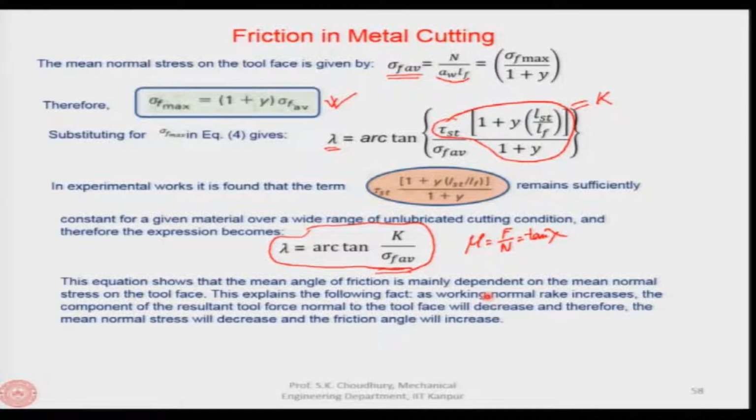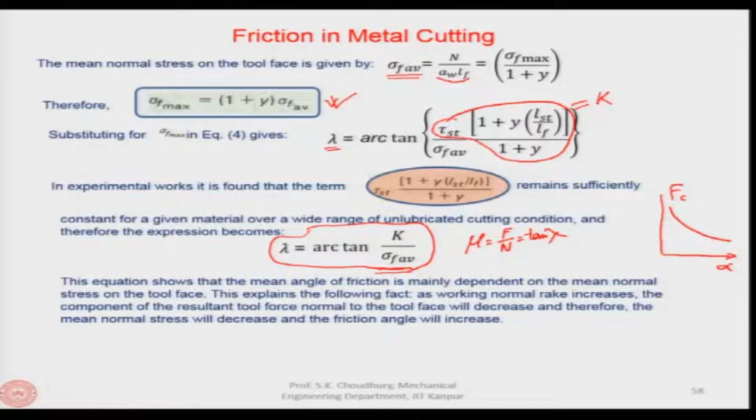If you remember, in the diagram of the cutting force and the alpha, we said that this has this nature. As the alpha is decreasing, Fc is increasing, and vice versa.